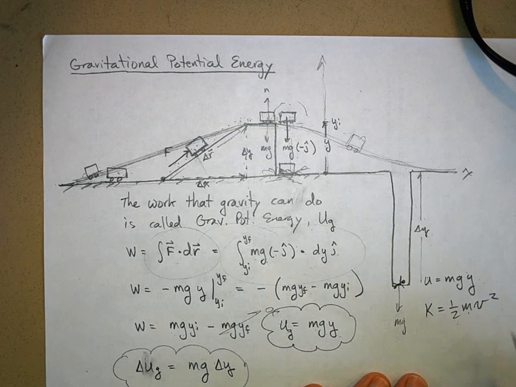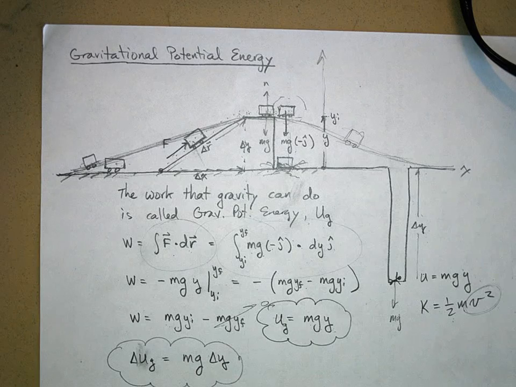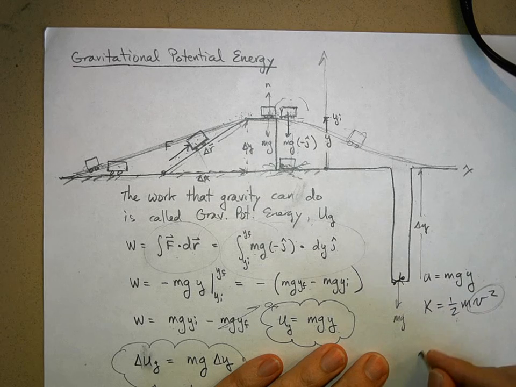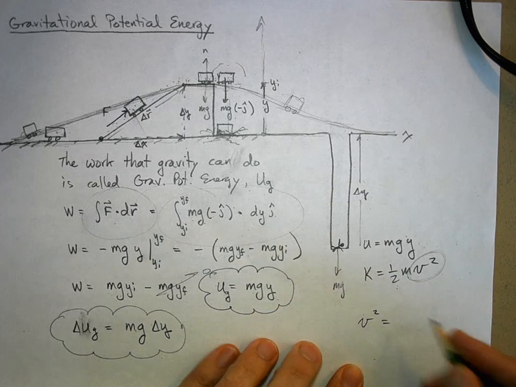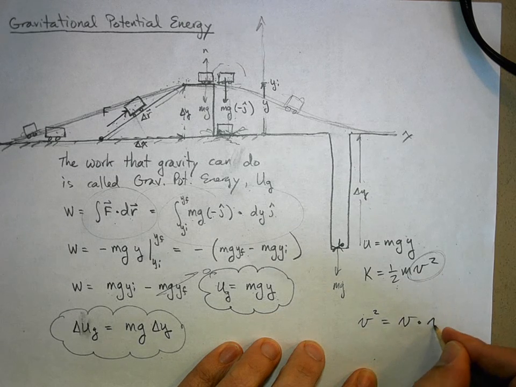Now, v squared, what is that? Well, you say, hey, wait, we've had negative velocity before. But you square it, what happens to the negative? It becomes positive. And you say, but that negative just means direction, right? Well, what does v squared mean? V squared means v dot v.